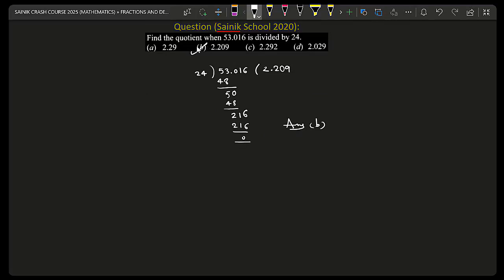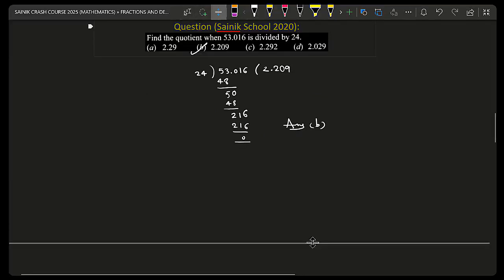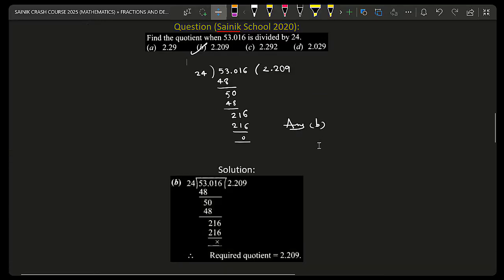So all of you can copy this. We stop maths today and we continue with GK. All of you can copy this solution.